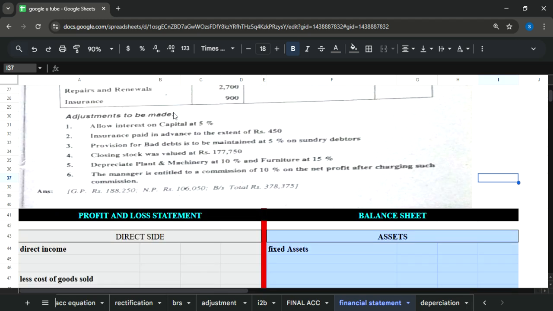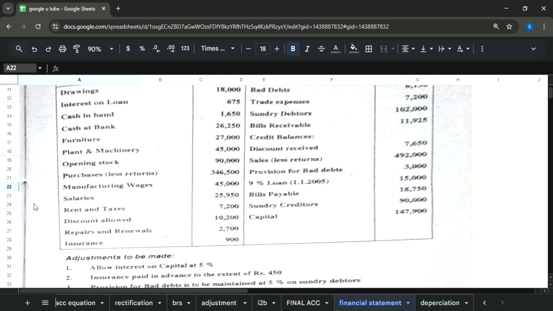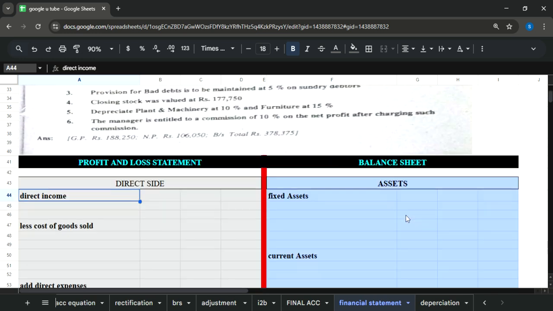So let's begin. First adjustment, interest on capital. Since interest on capital is part of operating expenses, here you will write down interest on capital. For that purpose you need the amount of capital. Let's go back to the trial balance, and here the last element is capital, 147,900.